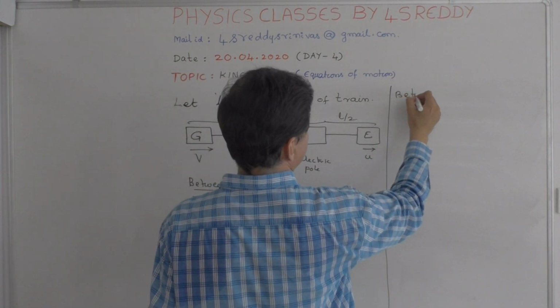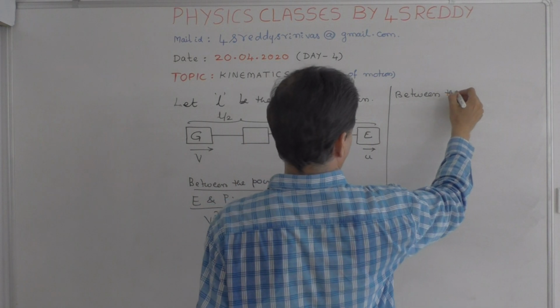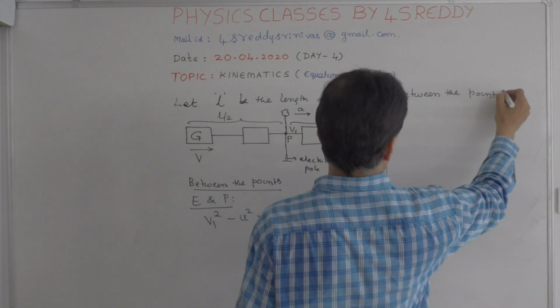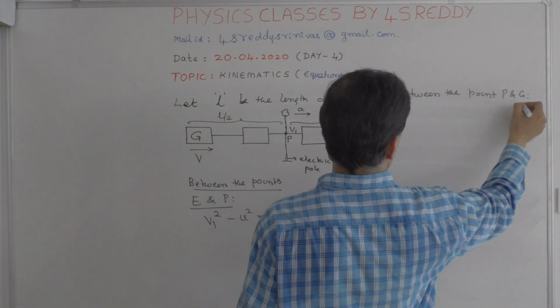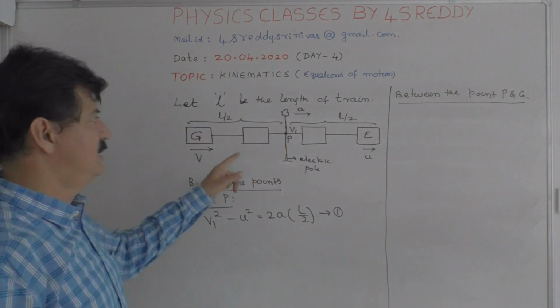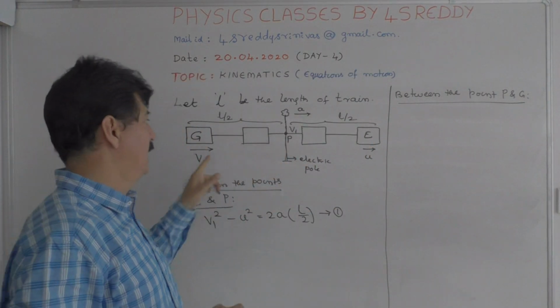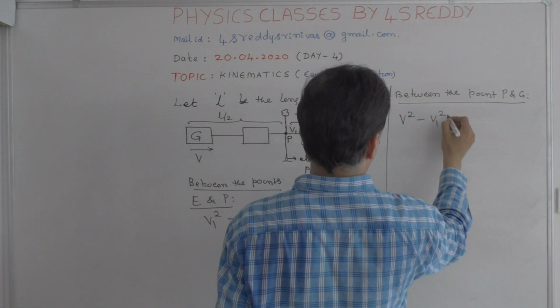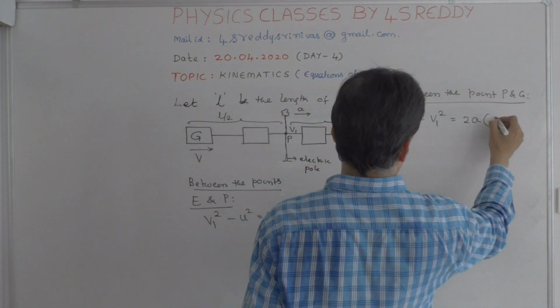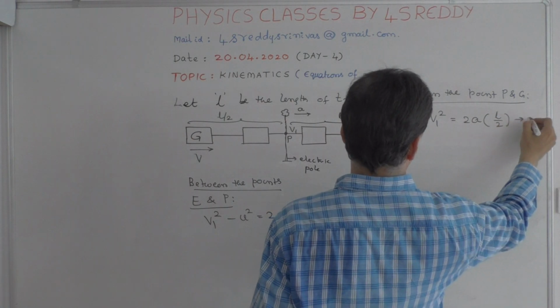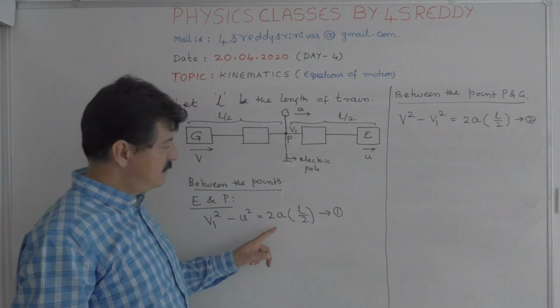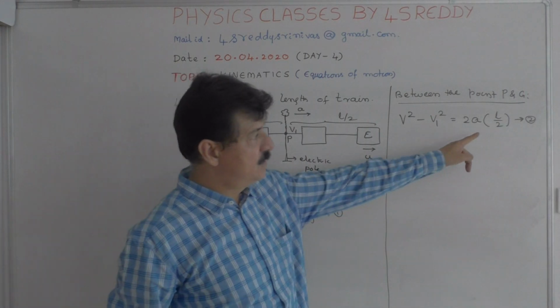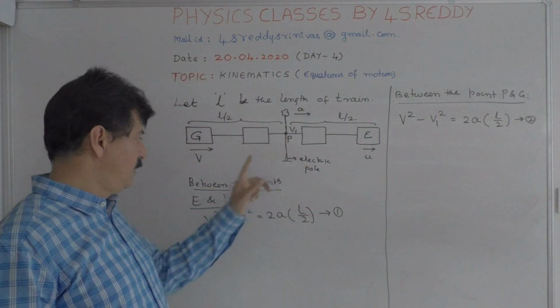And thereafter, between the points P and G, this becomes initial and this becomes final. So v square minus v1 square is equal to 2a into L by 2. If you observe this, this is 2a into L by 2, and this is also 2a into L by 2. So these two must be equal.